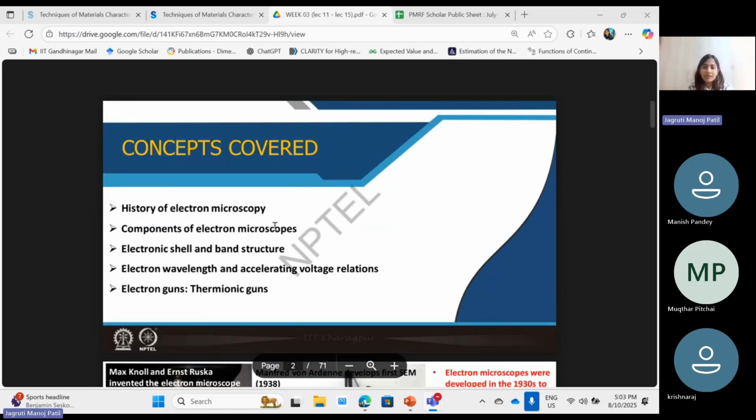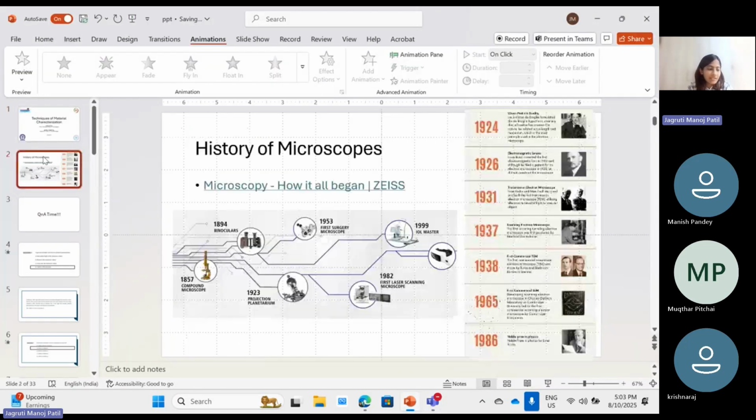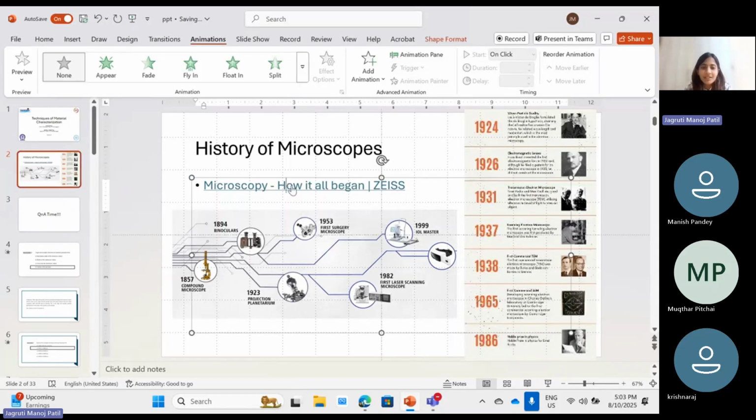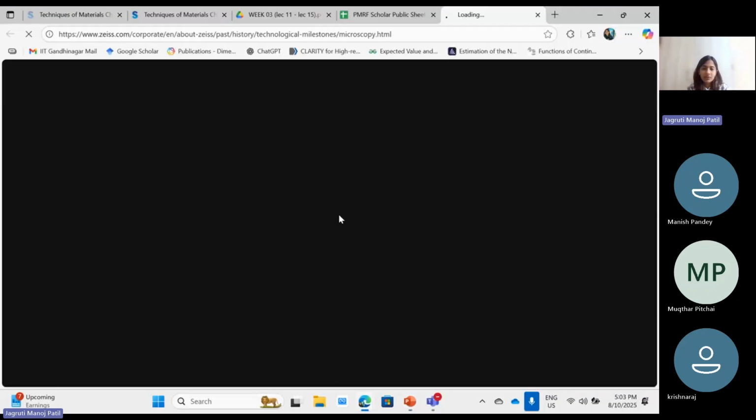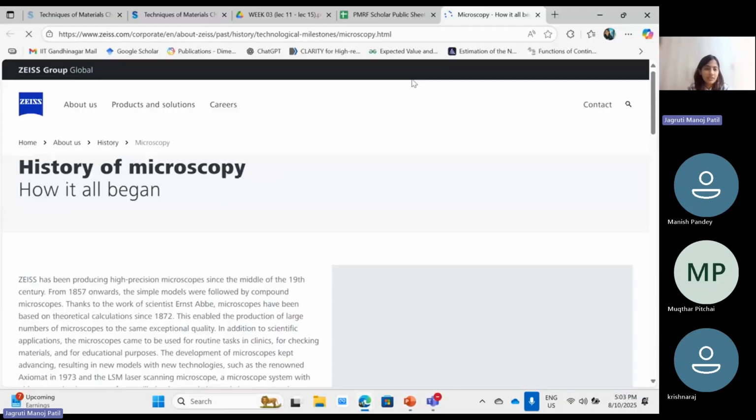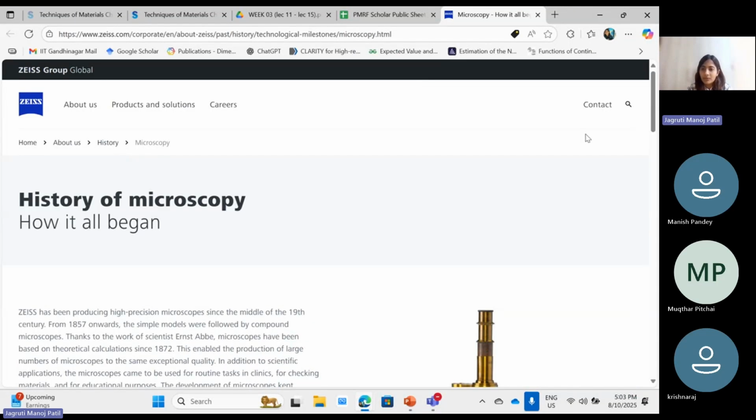We looked at different types of microscopes, and then eventually what comes is the history of microscopes, how it all began. Zeiss has a very good flowchart on their website showing how the history of the microscope went.